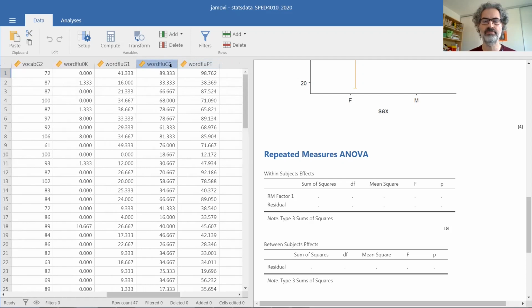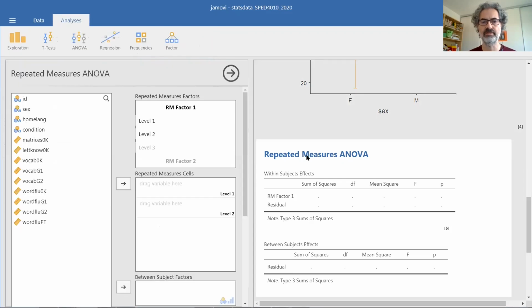Actually, there are two columns. There is word reading fluency measured in grade 2 as a baseline, and word reading fluency measured after the intervention. So these two variables form the two levels of our actual independent variable for the analysis, which is time. It is the same as it was for the paired samples t-test.